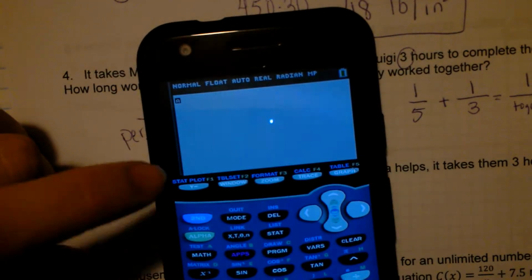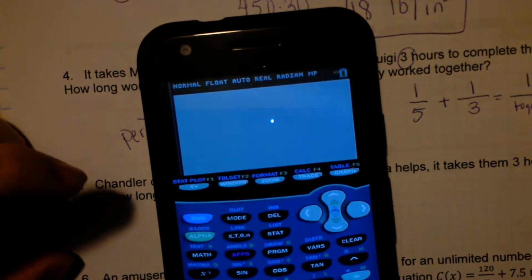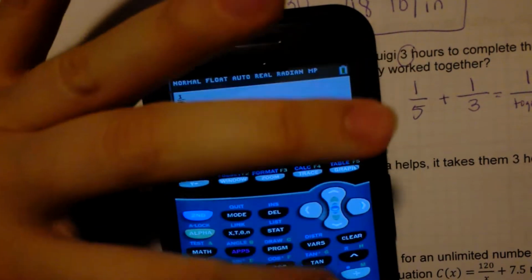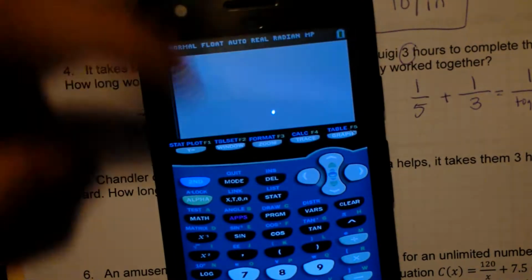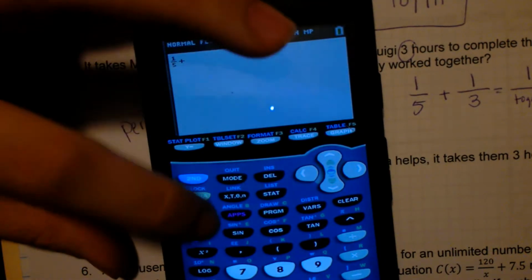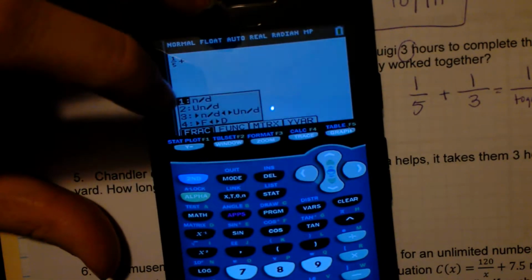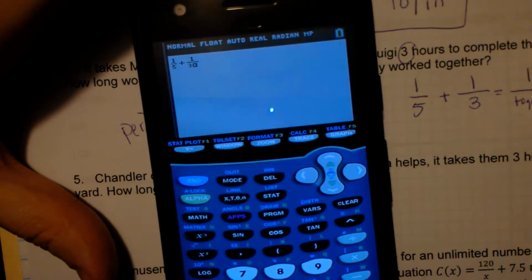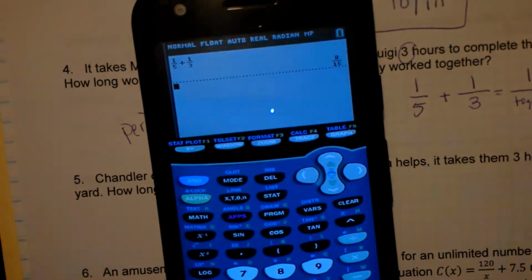So that's, you do alpha y equals enter 1/5 plus alpha y equals enter 1/3, and you get 8 over 15.